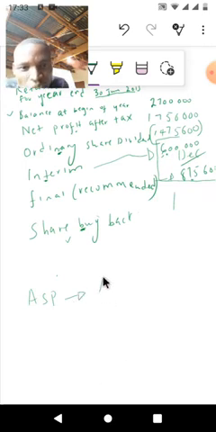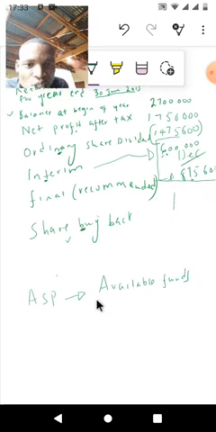We say available funds divided by number of shares, or we can say the capital raised divided by number of shares.